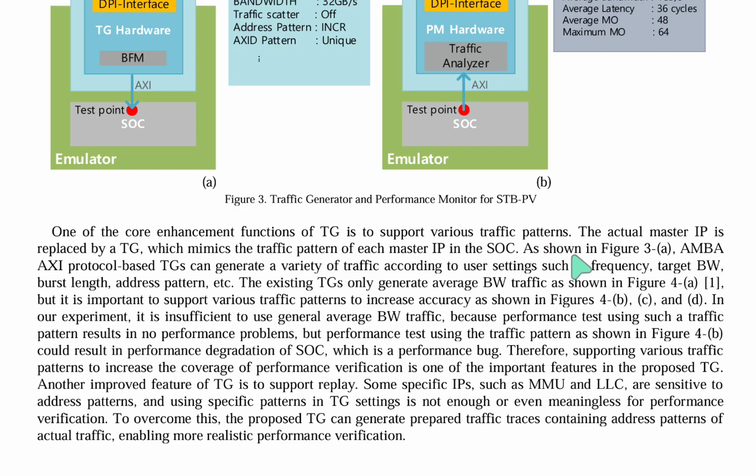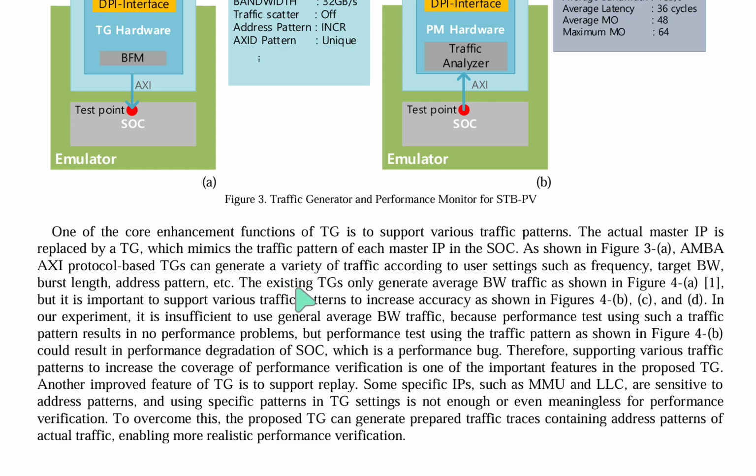As shown in Figure 3a, AXI protocol-based TGs can generate a variety of traffic according to user settings such as frequency, target bandwidth, burst length, address pattern, and so on.